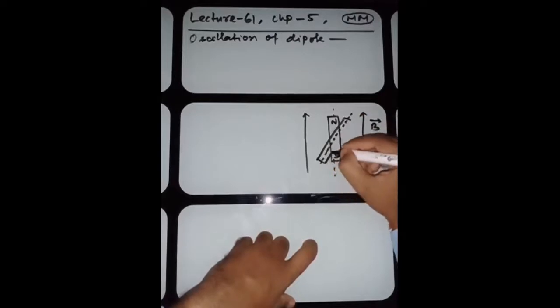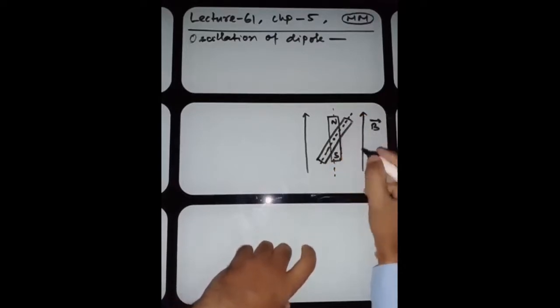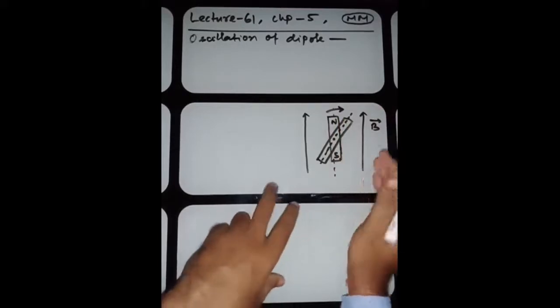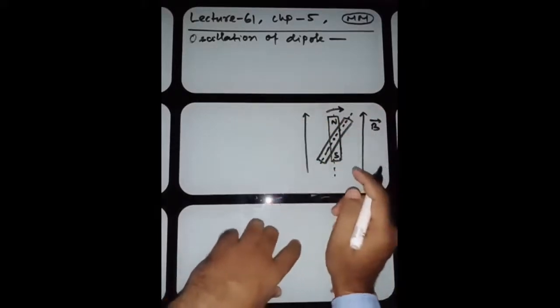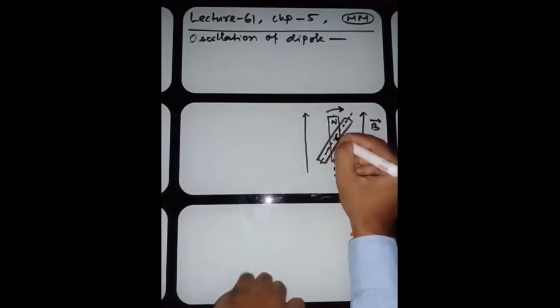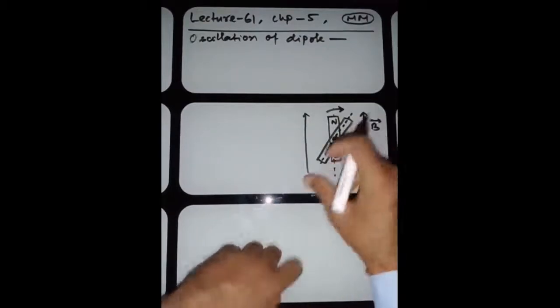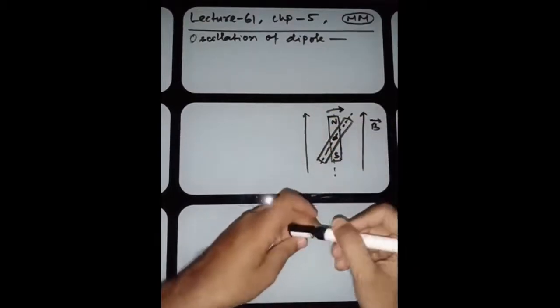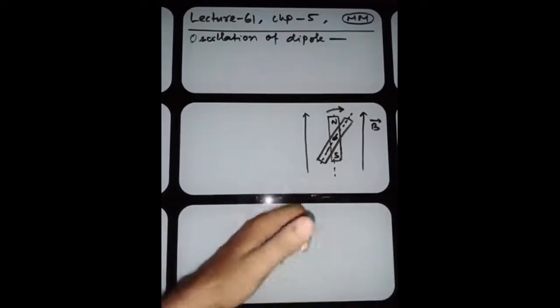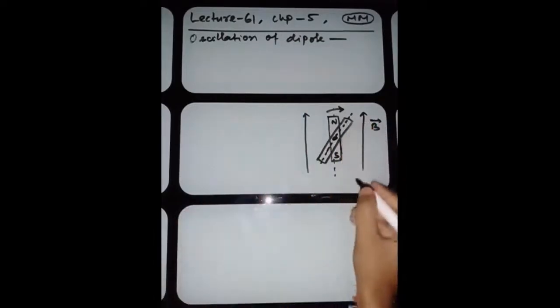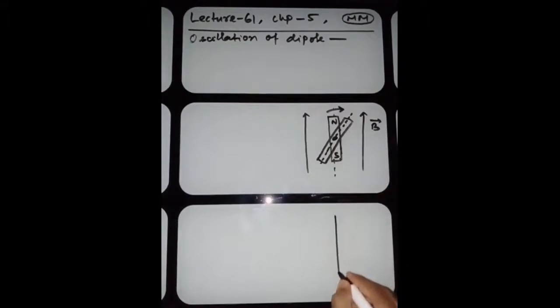If you displace this dipole slightly from its initial position, it will try to regain its actual position and start moving towards it. Remember, this displacement is very small. The dipole is displaced by a very small angle theta.